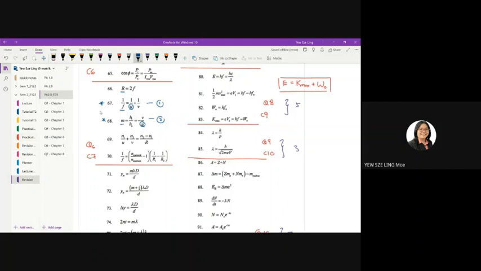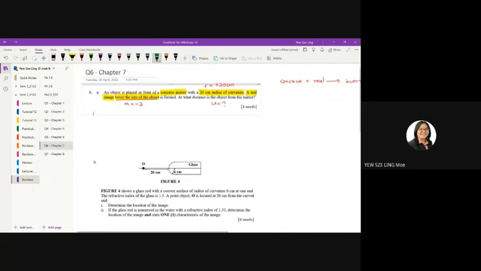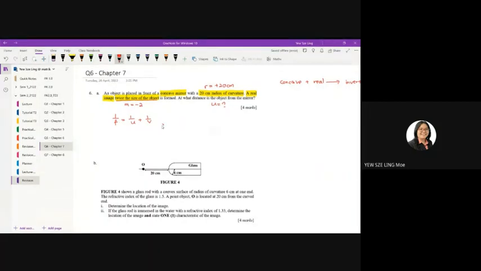Now let us try these two equations, where U is unknown and V is also unknown. Let's see how we are going to solve it. The first equation is 1 over F equals 1 over U plus 1 over V. But we don't have F, we have R. What is the relationship between R and F?